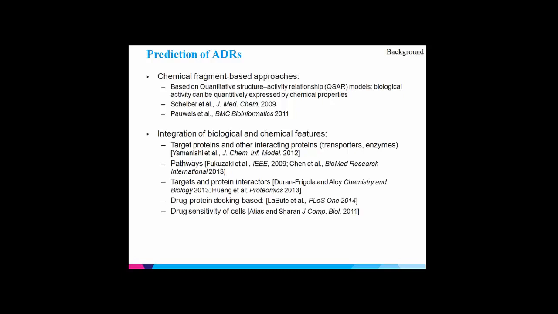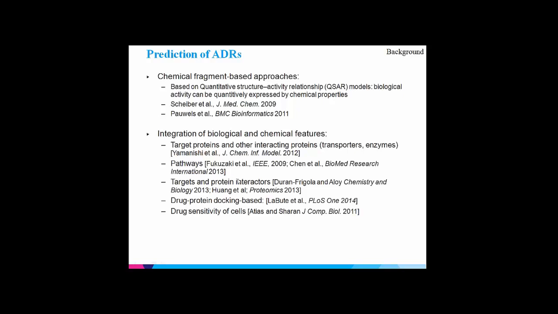For a drug, you may have multiple targets and maybe off-target proteins that have not been identified, and there are studies that have shown that the off-targets of drugs sometimes can better explain the mechanisms of ADRs.